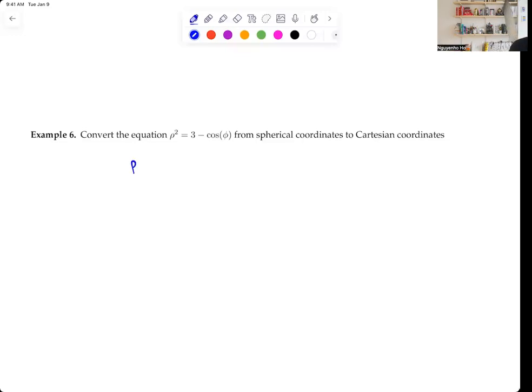So I have rho squared times rho equal to 3 times rho minus rho times cosine of phi. Can you tell me what rho times cosine of phi is equal to in terms of rectangular coordinates? Z, right? So this term should be z right here.